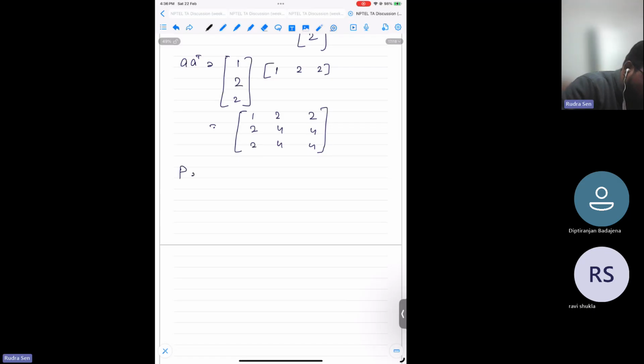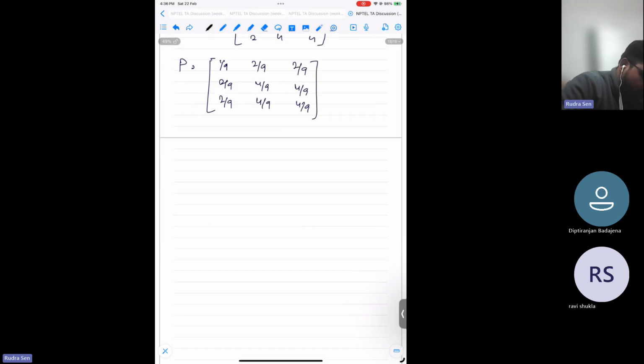So what is the position matrix? It's 1 by 9, 2 by 9, 2 by 9, 2 by 9, 4 by 9, 4 by 9, 2 by 9, 4 by 9, 4 by 9. Now small p is basically capital P into B. So this is 1 by 9.